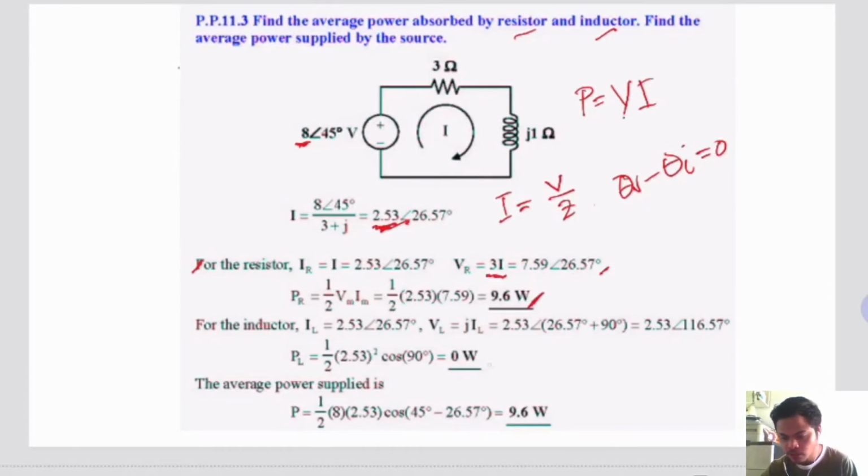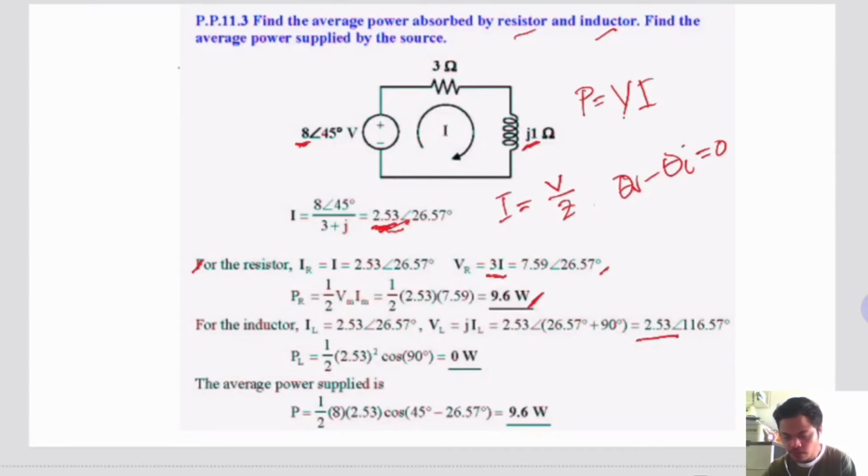For the inductor, to find the voltage of the inductor, we simply multiply j by the current, 2.53. So the answer would be 2.53 angle 116.57.